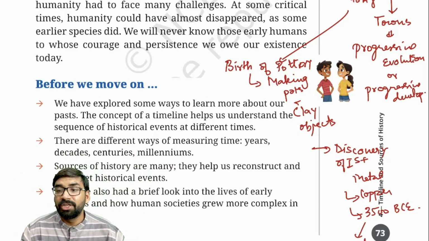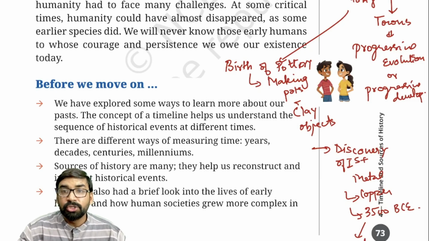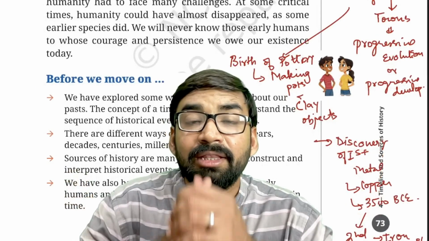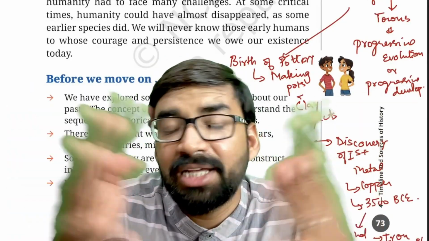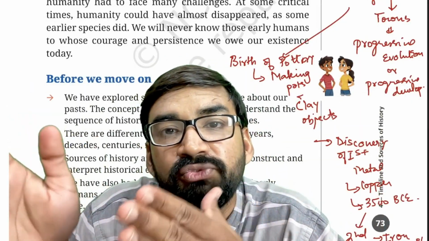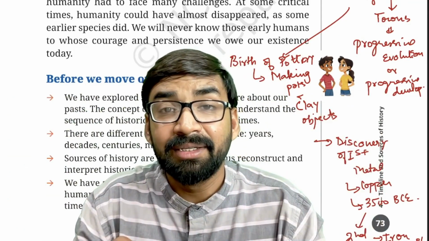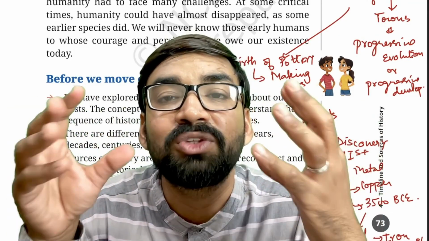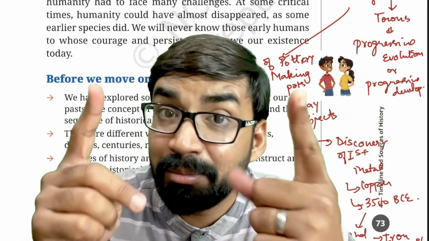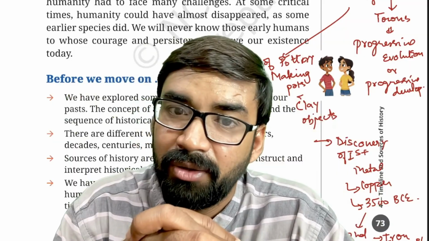This is how the villages got evolved. So in this way, the early humans who were hunters and gatherers transformed into the food producer. And then we have seen the first metal which got discovered, that is copper, around 3500 BC. Second metal, iron, which got discovered around 1000 BC. Okay.